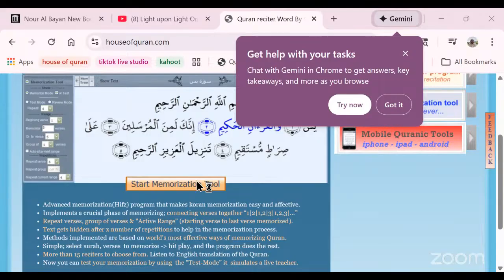Sorry, this purple box is blocking. If you can exit out on the one that says chat with Gemini. It says chat with Gemini to get answers, and you just need to exit out. Maybe you can't see it, but we can see it. I can't see it. Give me a second.